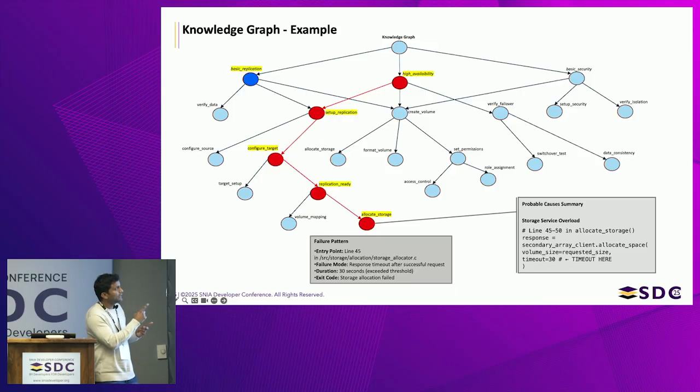The high availability test is also making use of setup replication, and the basic replication is also making use of setup replication. Unless it is an environmental problem, the impact of the failure will be there in multiple tests. So this way you could also derive the impact of any failure in the storage system.